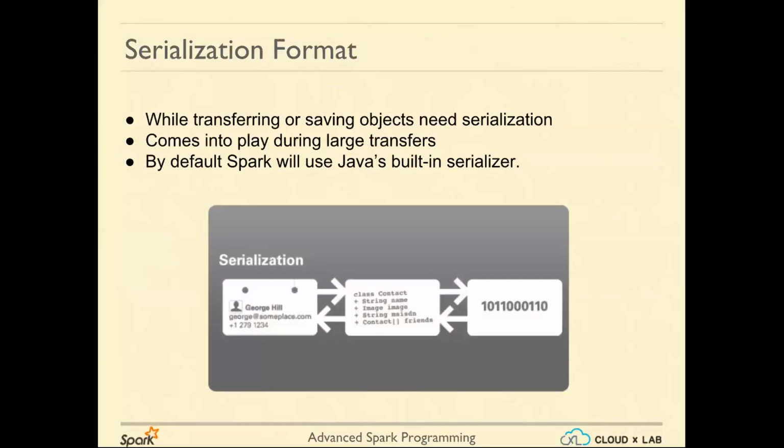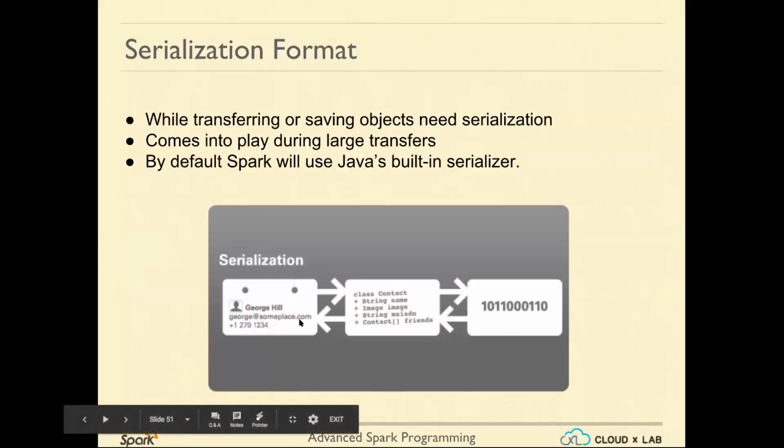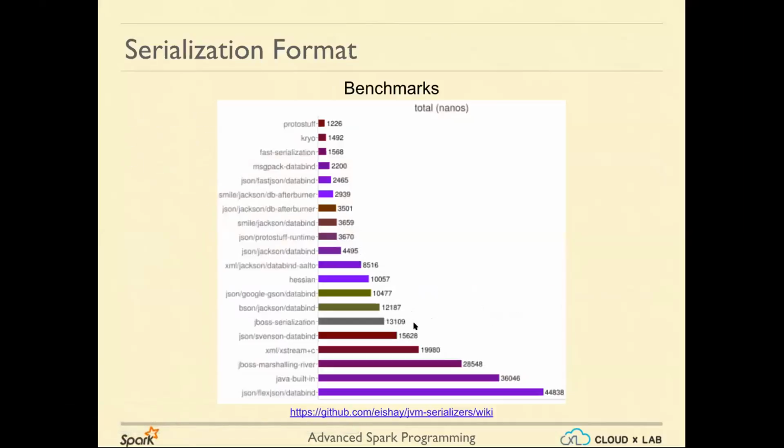Now, next is, while transferring or saving objects, we need serialization. It comes into play during large data transfers as well. By default, Spark uses Java's built-in serializer. All right, serialization is converting an object into something like zeros and ones.